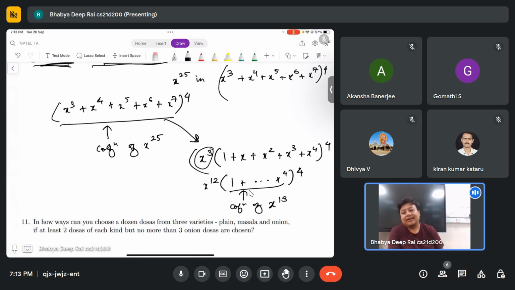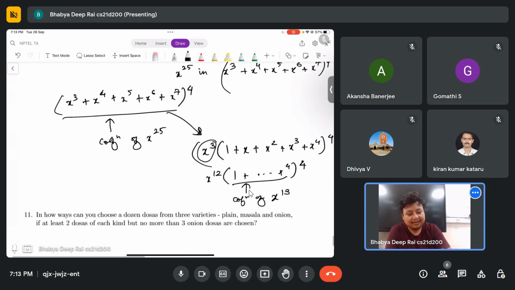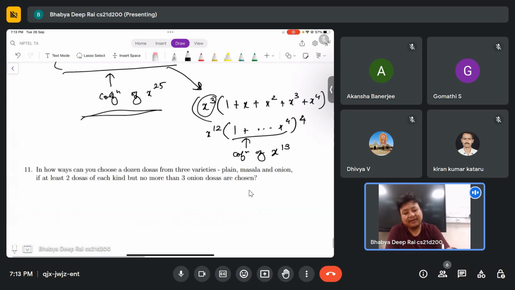There are websites where you put your polynomial and they'll expand it for you and give you the coefficients. You can verify them this way, and this is quite interesting, how you can find the count using coefficients. That was the answer: the coefficient of x to the 25 here.